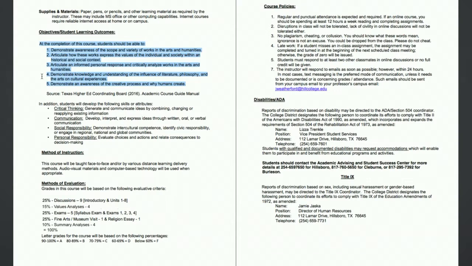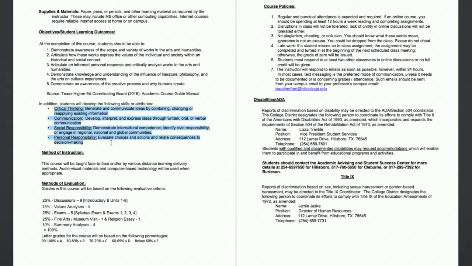On top of those outcomes, we also have the state of Texas that says, in this class, because it's a core class, meaning it's transferable, and it counts towards a degree. It can be an elective, but it's a required class. So we have some regulations on that. You should be thinking critically. You should be communicating.